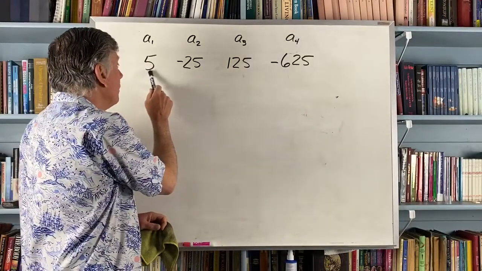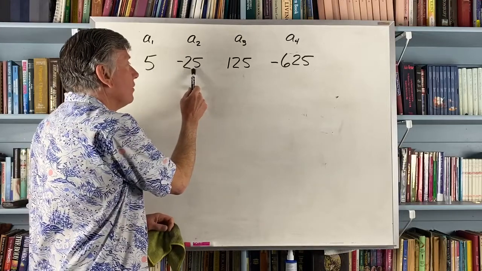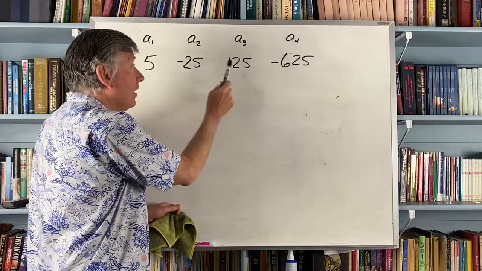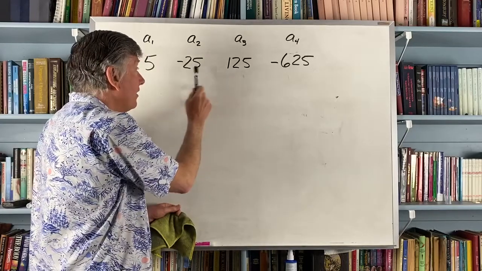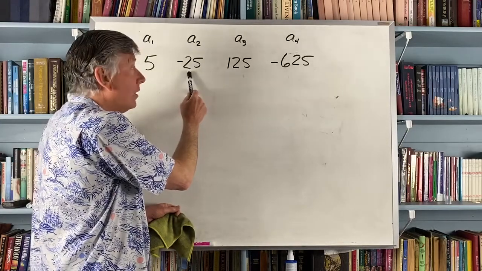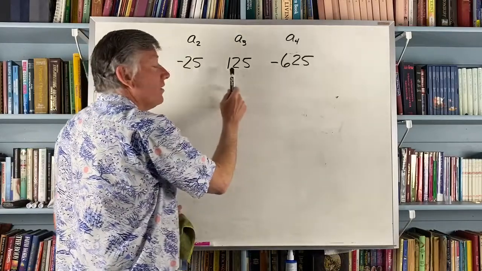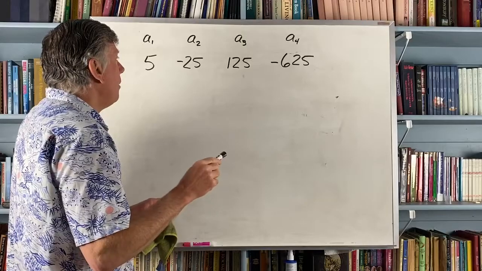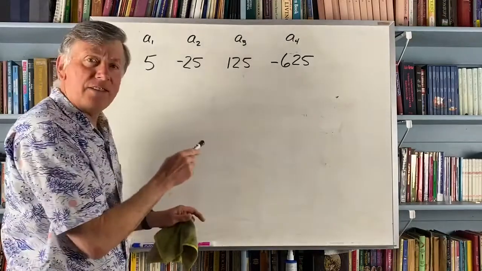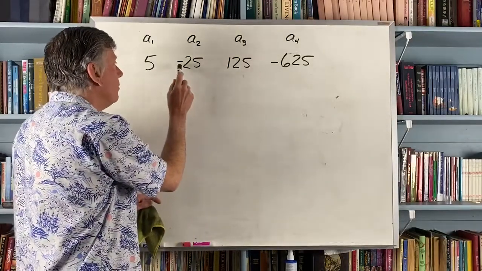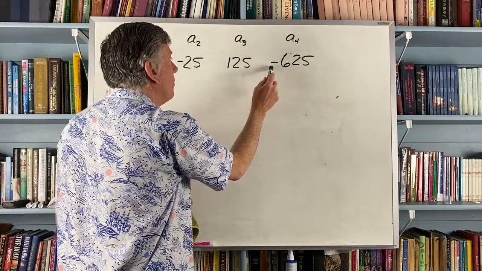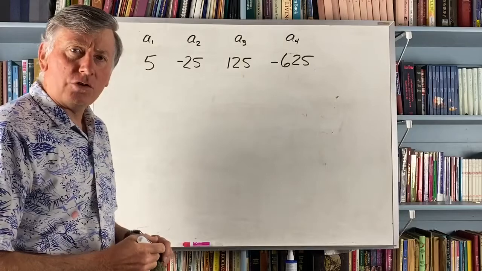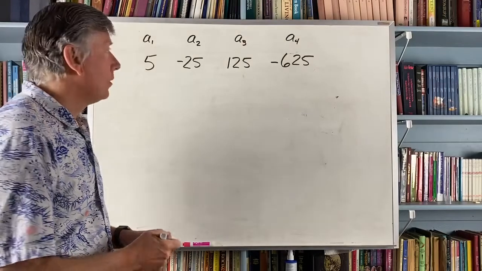This is 5. The next one is 25, so I've gotten there by multiplying by 5. This is 125. That's 5 times 25. 625 is 5 times 125. But you notice the alternating signs. Positive, minus, positive, minus. Any idea what my next term would be? Well, let's see.